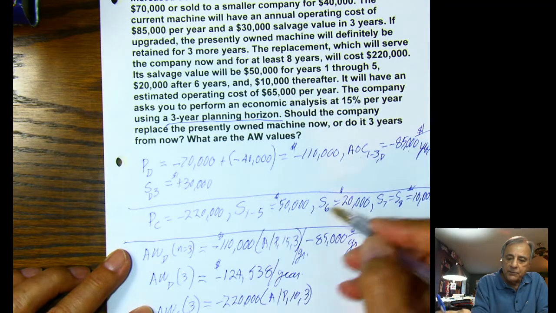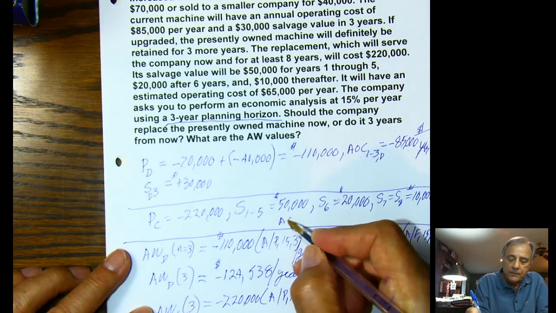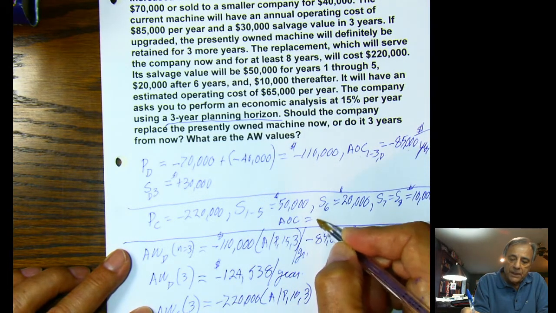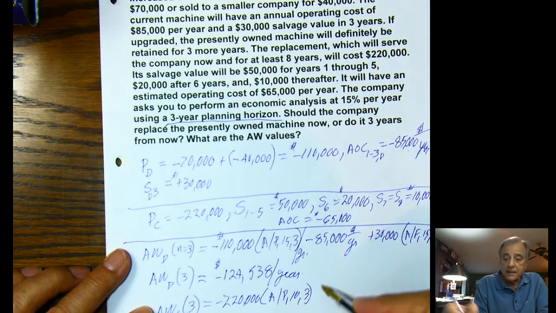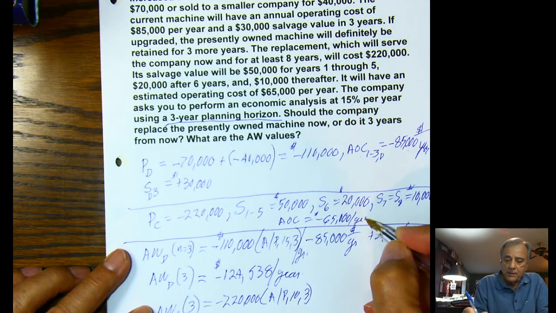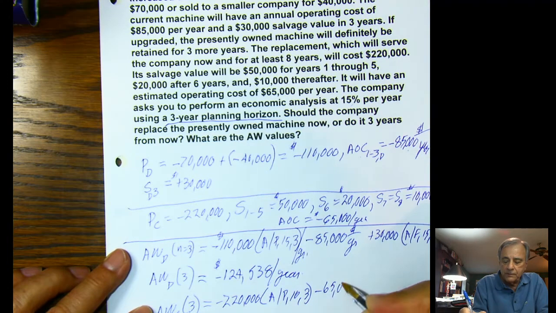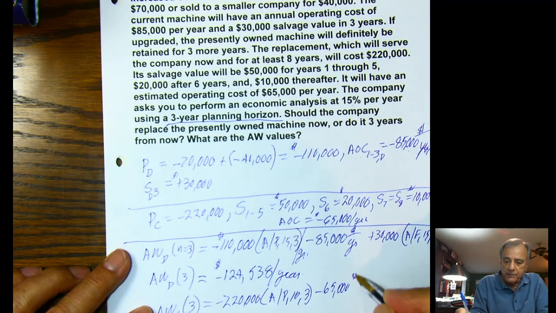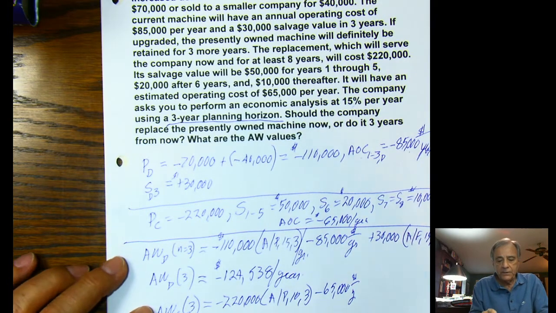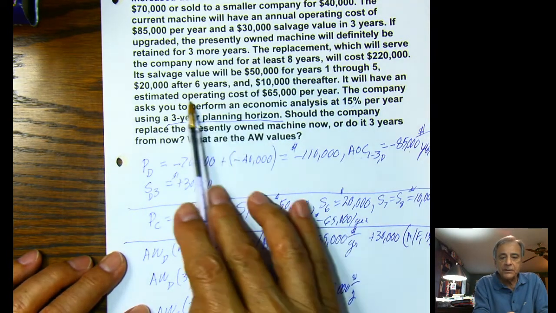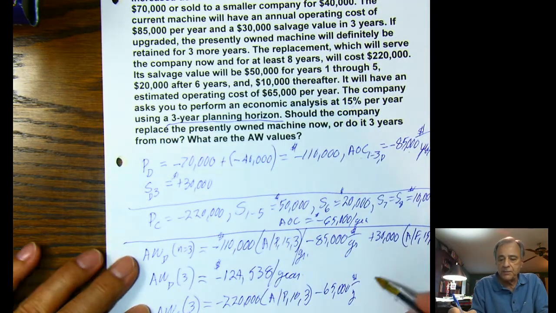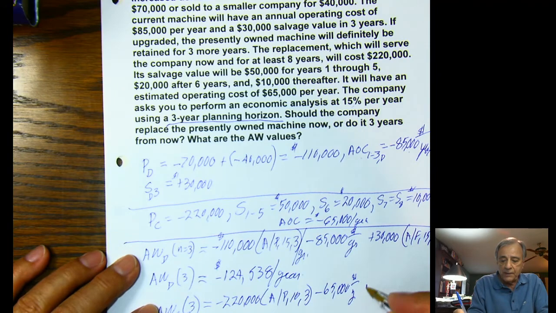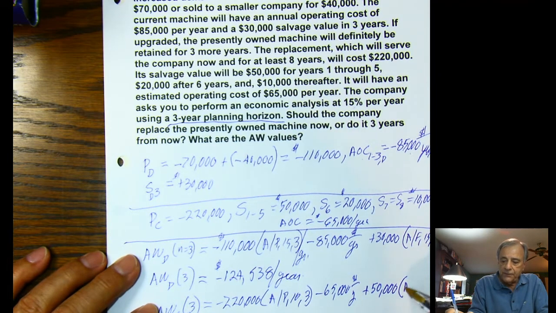So I need to write that here. AOC will be equal to minus $65,000, and that's dollars per year, minus $65,000 per year. And then we have a salvage value at the end of year 3 of $50,000, because it's $50,000 anytime up to year 5. So that'll be plus $50,000, A given F, 15% and 3.